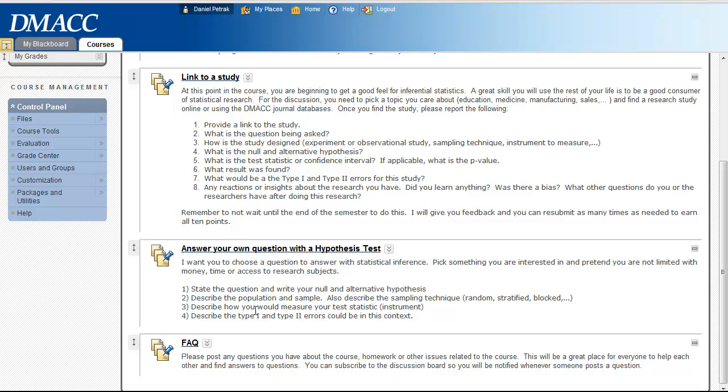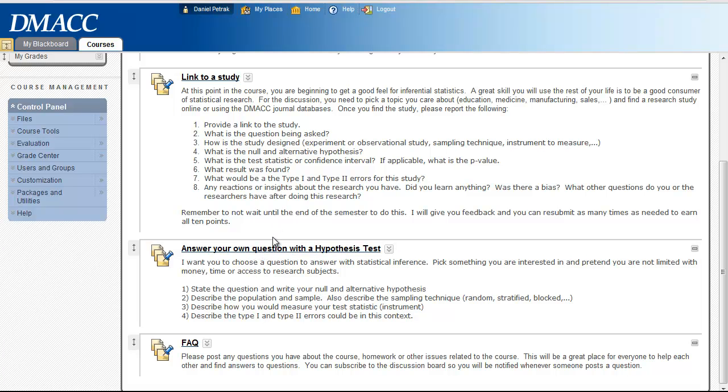So if you're into education or medicine or manufacturing or music or whatever, you might get some ideas from the link to a study. A lot of people will find something that they're interested in, find a study, but then it maybe spawns another question that wasn't answered. So they may actually say, hey, I'd love to have that question answered, and then they post it here.